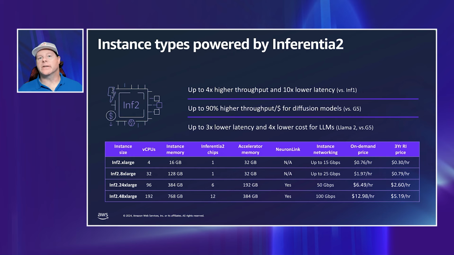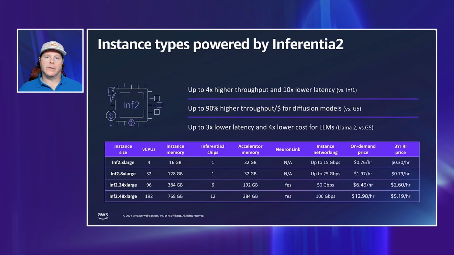And of course, you want to size these based on the workload, based on the amount of throughput that you're expecting and the latency, and of course, cost. And here we see some really good numbers that are relative to other options. So 90% higher throughput per dollar for diffusion models.